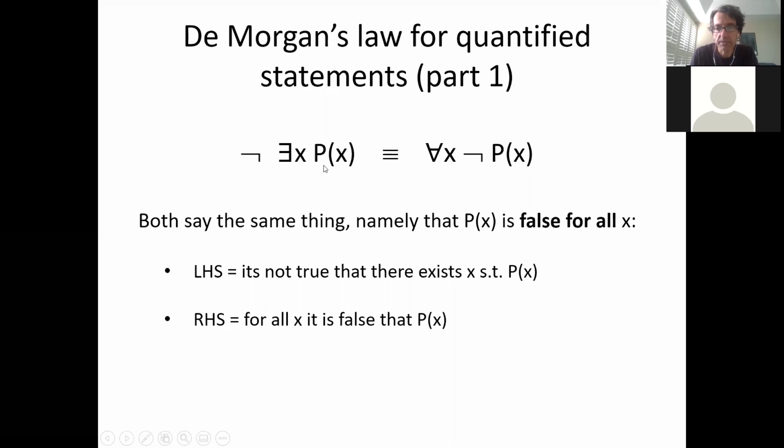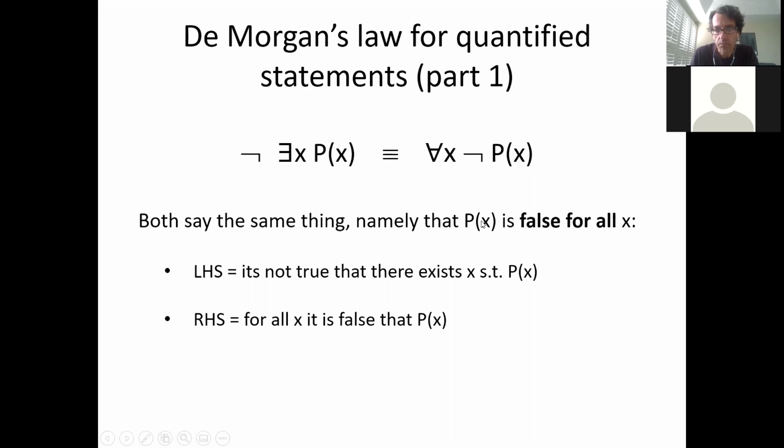These are just two ways of saying the same thing, which is that predicate P never holds. P of X is always false, no matter what X is in the domain. What does it mean that P of X is never satisfied? That there is no argument which makes this statement true.